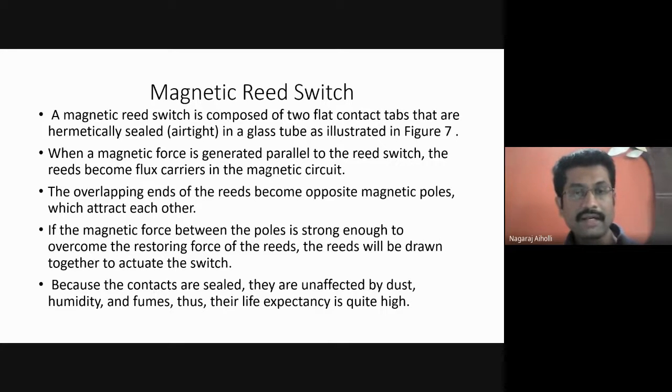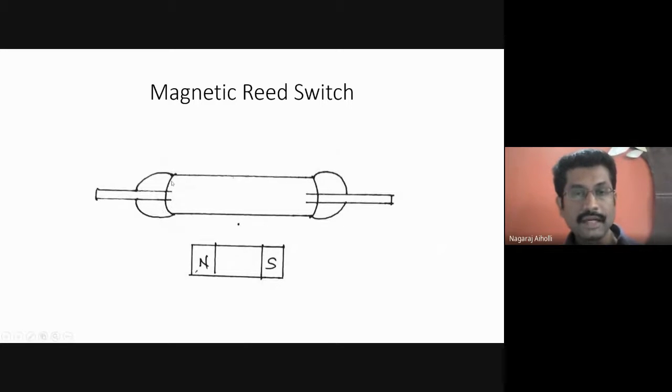The overlapping ends of the reeds become magnetic poles which attract each other. They are attracted towards each other, and because of this the switch gets actuated and is able to sense the presence of the object through this mechanism.